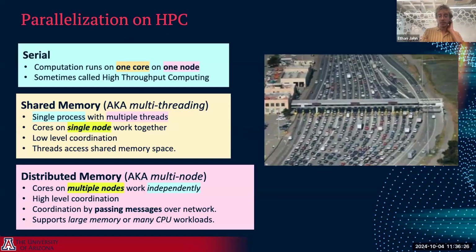So here's just a reminder of HPC parallelization. So you have serial versus shared memory versus distributed memory. We talked about this earlier. Just as a reminder really quickly, shared memory refers to single node computing where you have multiple CPUs, multiple cores that are able to access a shared memory space. Whereas distributed memory, you have multiple nodes that don't have a shared memory space, and these need to communicate with each other.